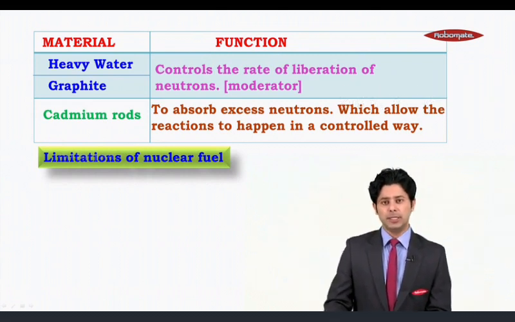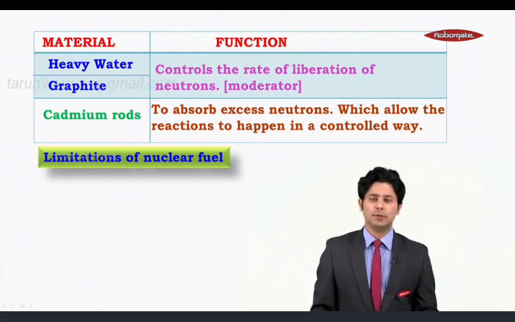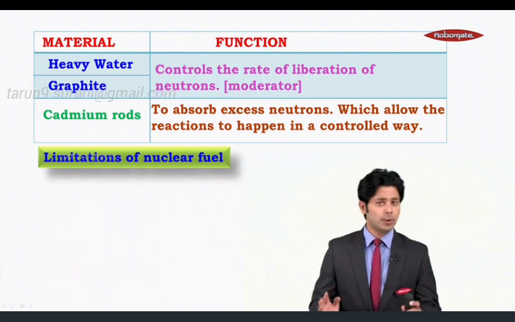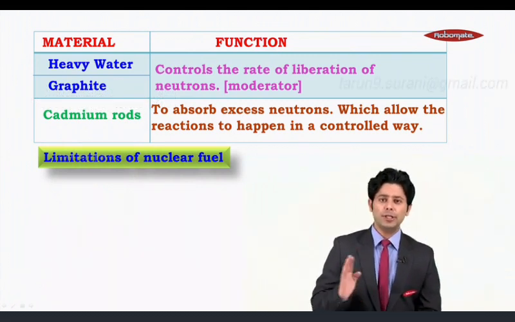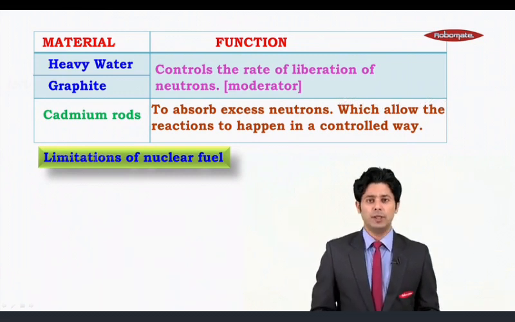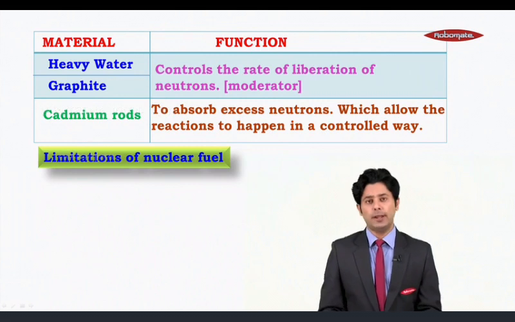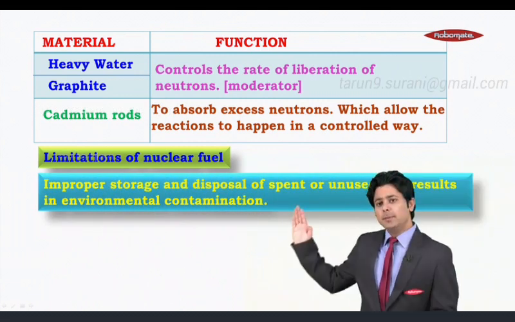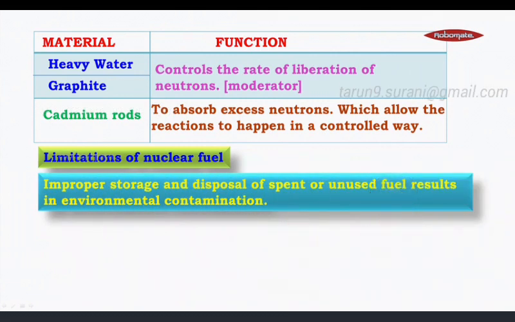Now talking about the limitations. Before we go further, answer me some simple questions, students. Storage of nuclear fuel and disposal of nuclear waste, is it a simple task? The answer is no. So what should be the first point? Improper storage and disposal of spent or unused fuel results in environmental contamination.